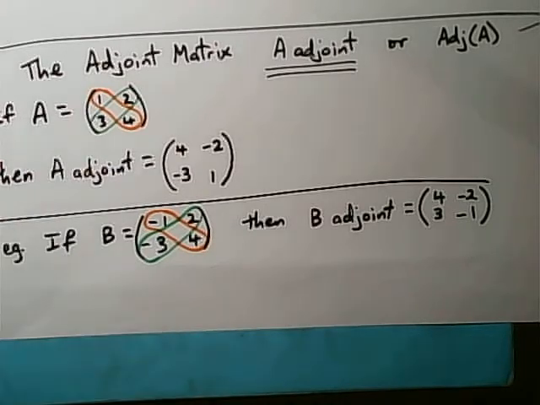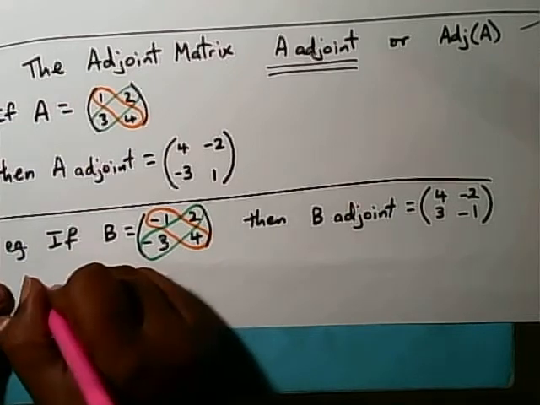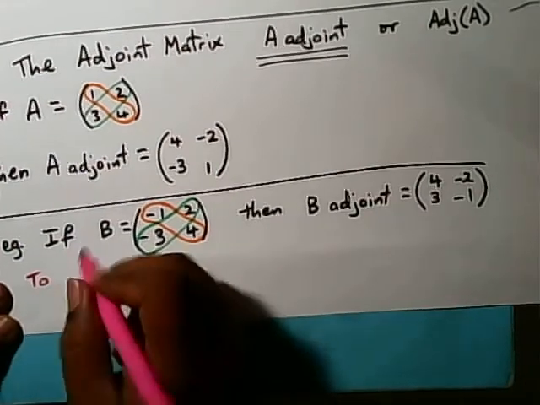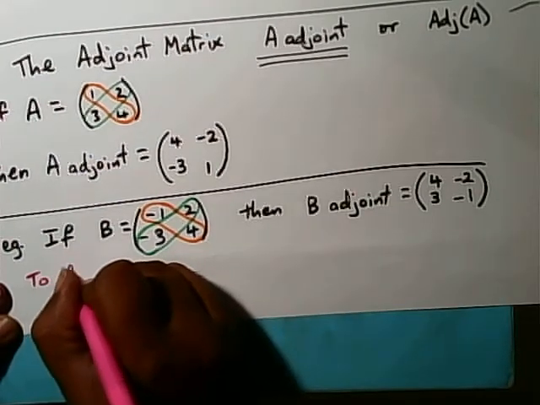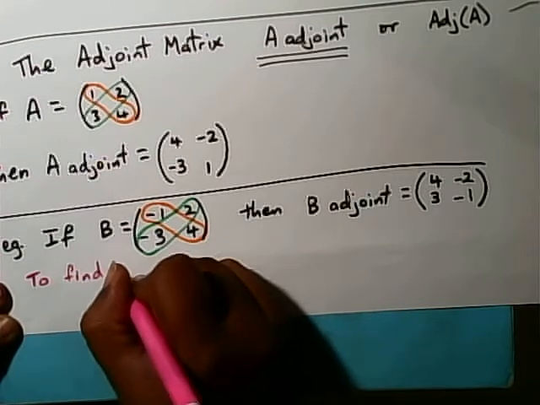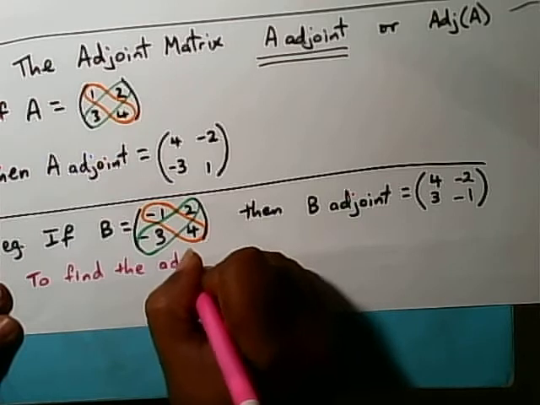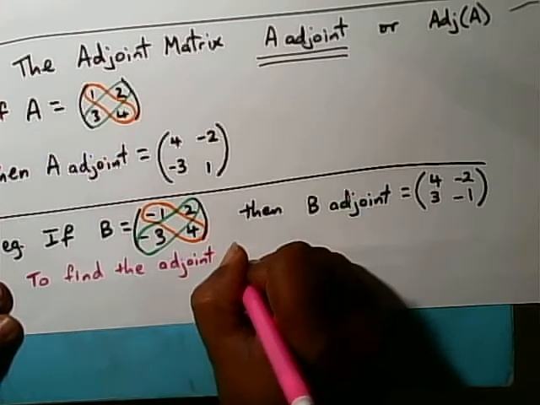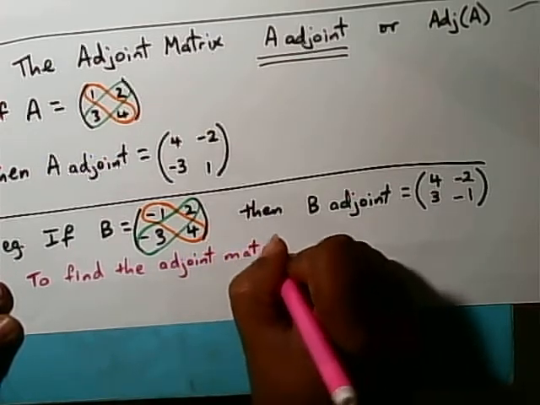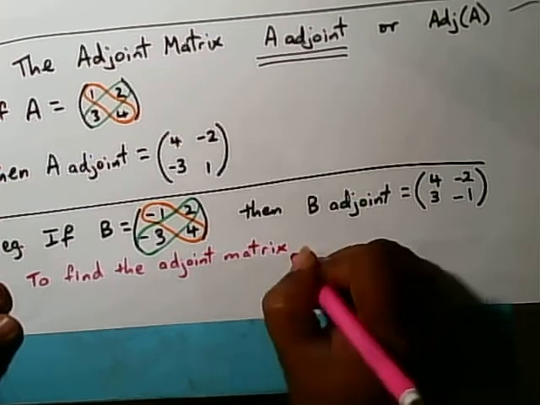Okay, let's write this rule, right? What's the recipe to find the adjoint matrix? Step 1.